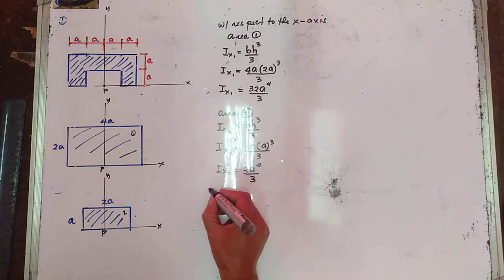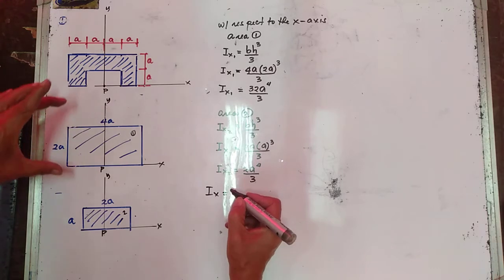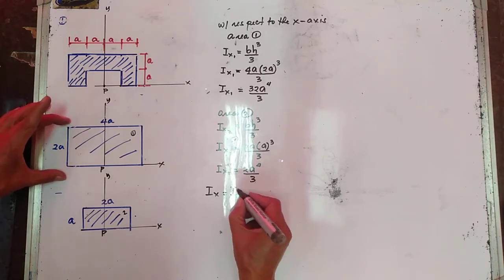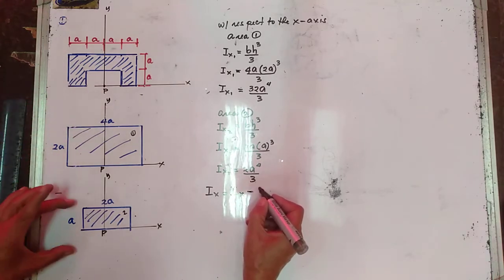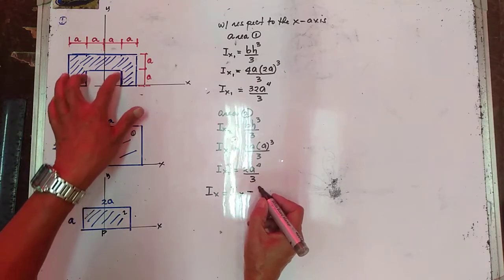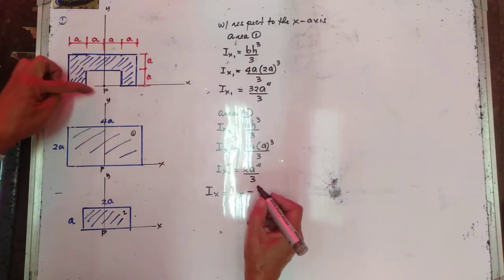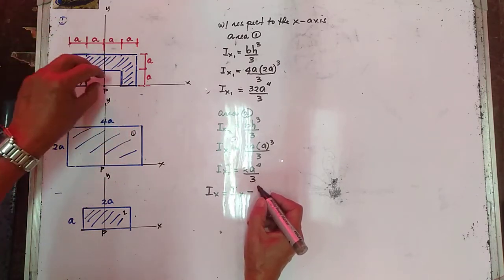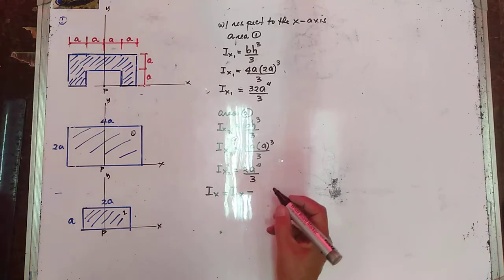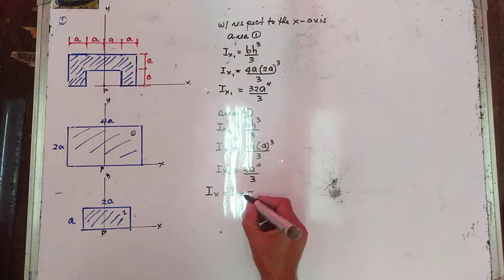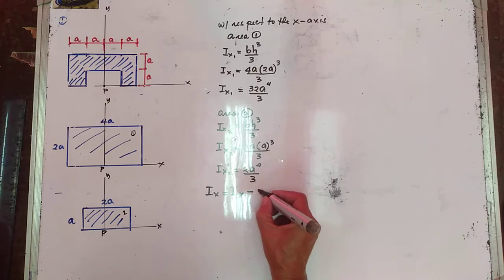Now, your Ix is equal to Ix1 minus Ix2, because we considered the whole area in here, so we have to remove that area. That is the moment of inertia with respect to the x-axis.